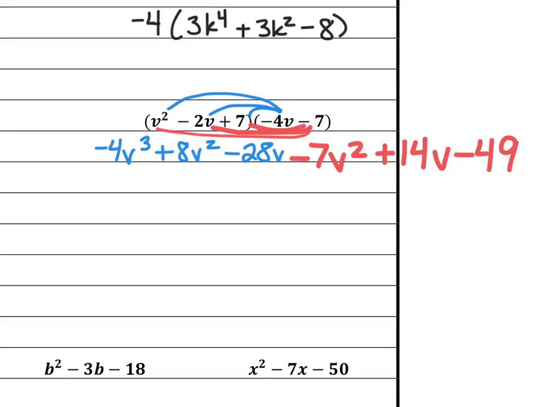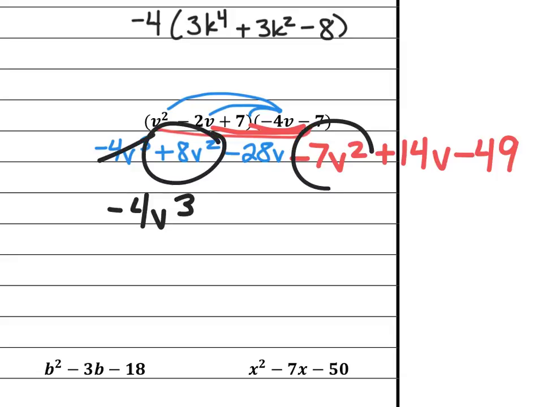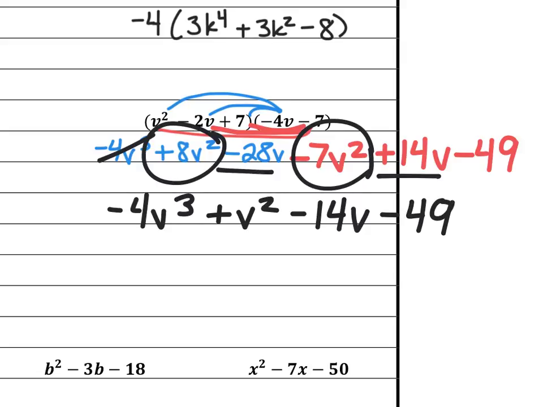Emily, what should I do now? Yes, I should. I don't see any other v cubes. V squared, v, and one of the 49s.